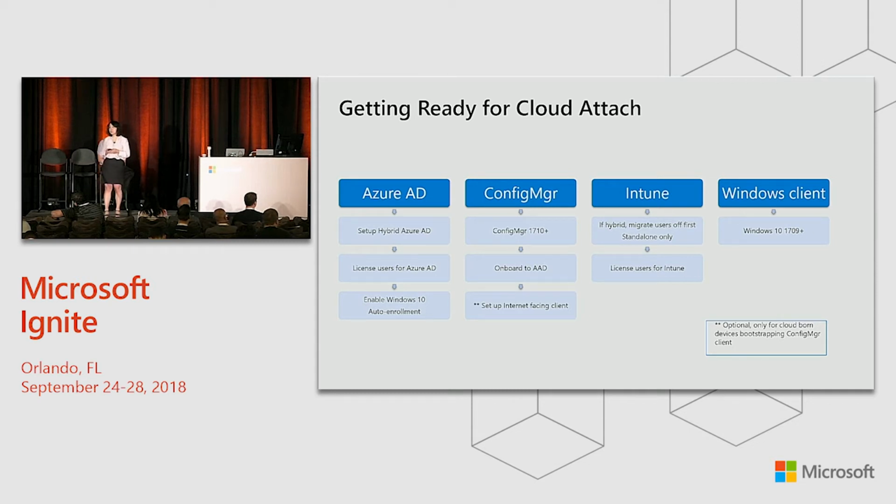As we know, some customers are still in the legacy configuration of having Intune hybrid. They need to first migrate off of the Intune hybrid configuration to make sure their MDM authority is set to Intune standalone in order to get co-management. They also need to license the users with Intune. For Windows, the minimum OS needs to be Windows 10 1709 or above.